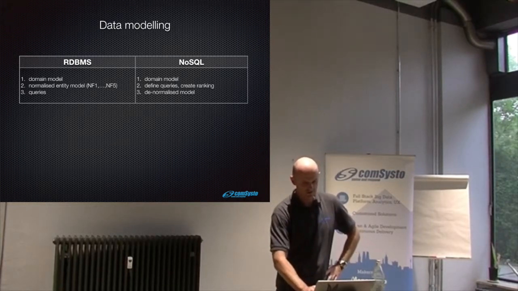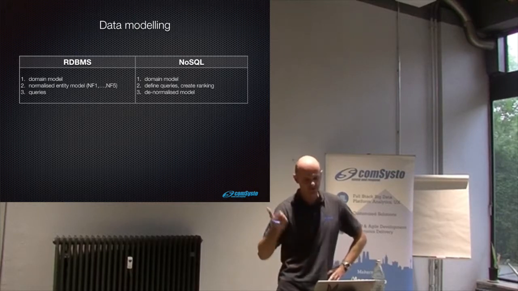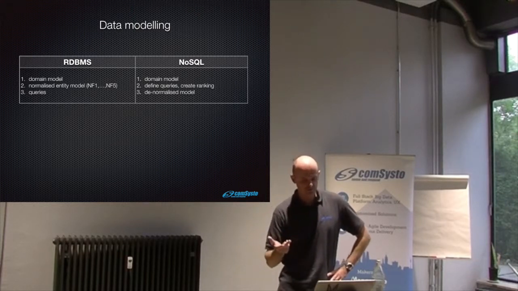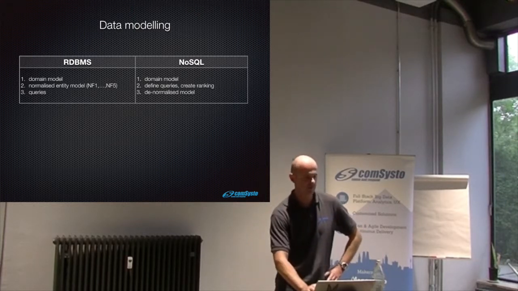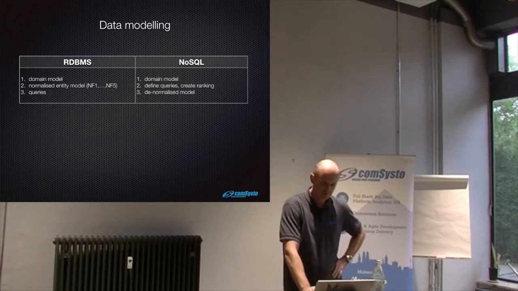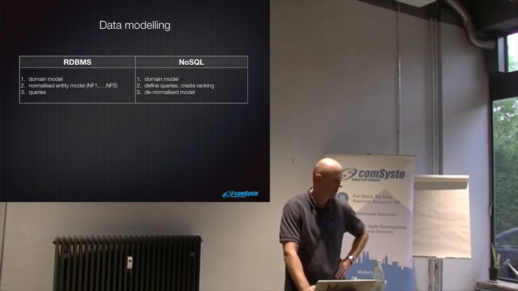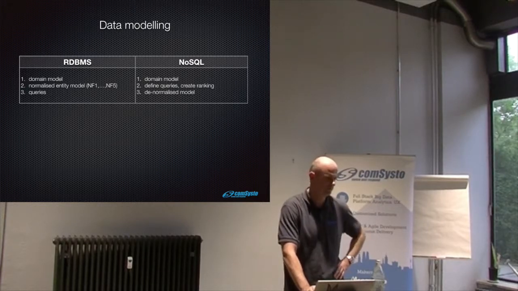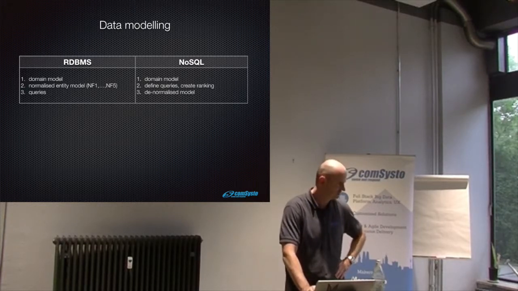Okay, so in Cassandra first we have the domain model, then we are defining our queries. Based on those queries, we are defining our tables, and the model is denormalized. That means, well, it's not like here where you have normal forms. Nobody really cares whether your database looks nice or whatever, it has to be performant. So do whatever you like to.